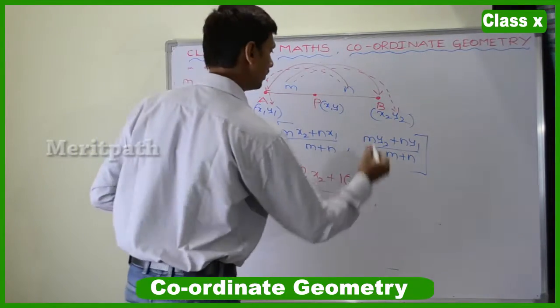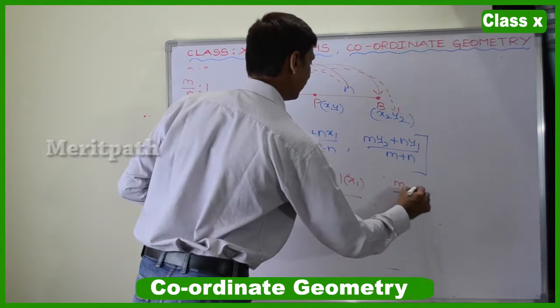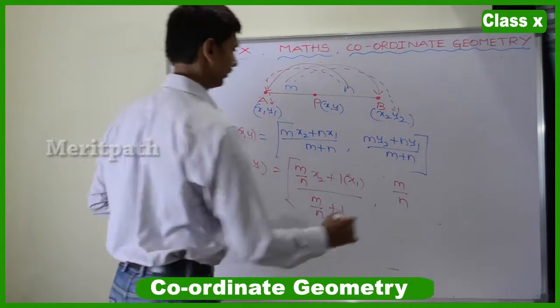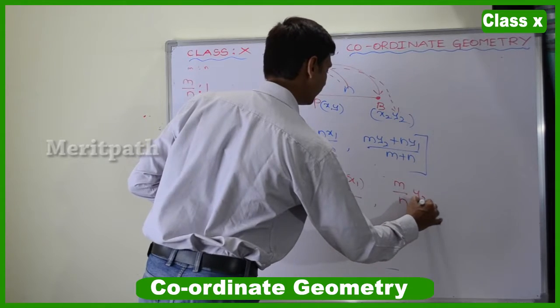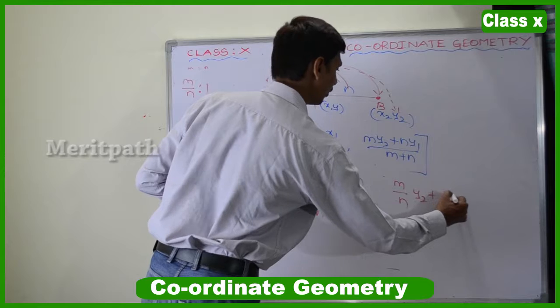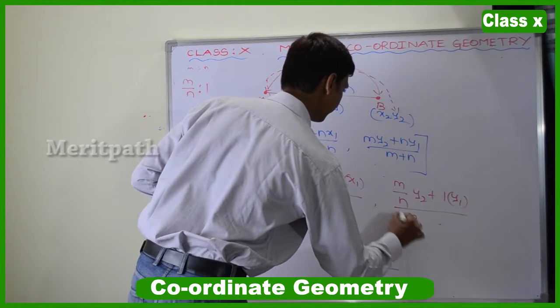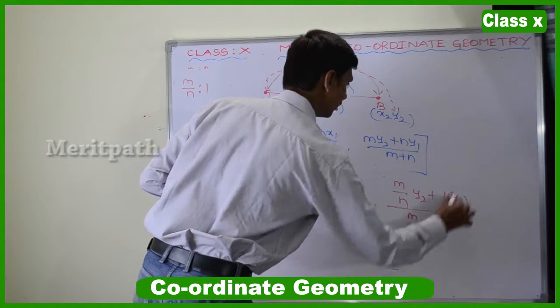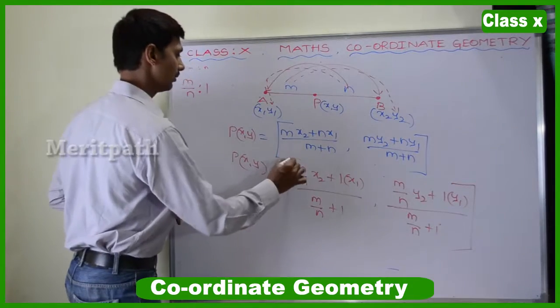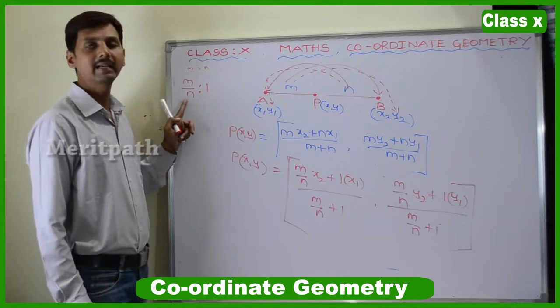Comma, here m is m by n into y2 plus n is the value 1 into y1, divided by m by n plus 1. So this is the formula when we take the ratio of m by n is to 1.